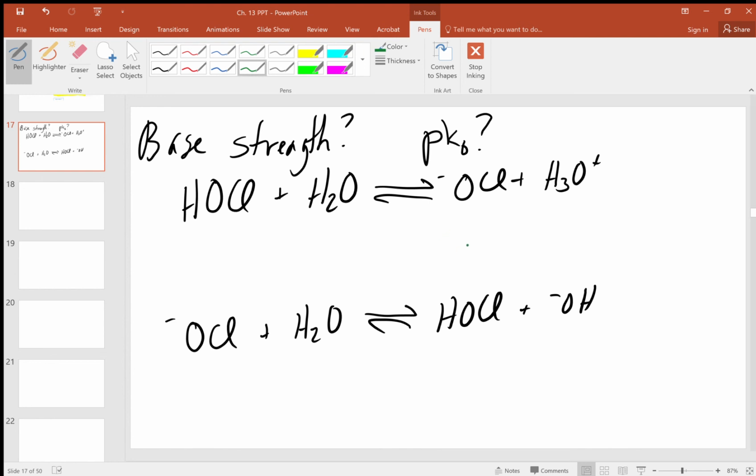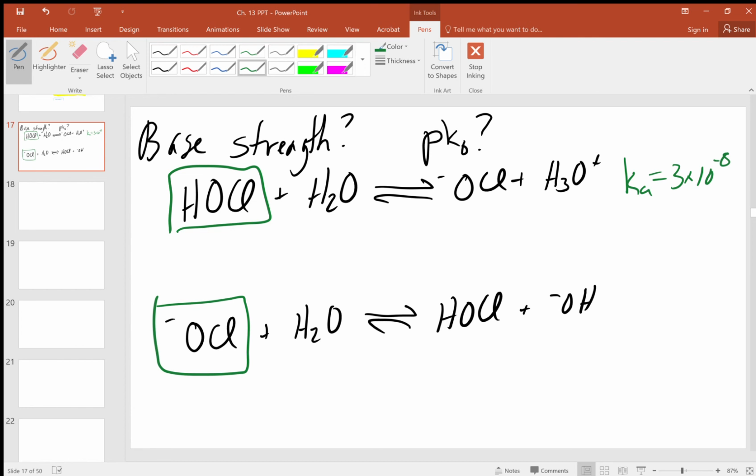So HOCl has a Ka of 3 times 10 to the minus 8, whereas OCl minus, hypochlorite, has a Kb of 3.3 times 10 to the minus 7.